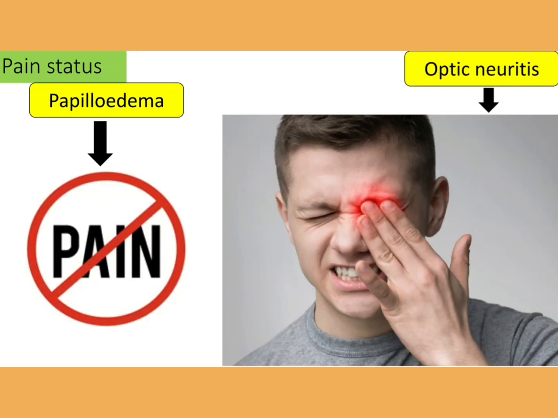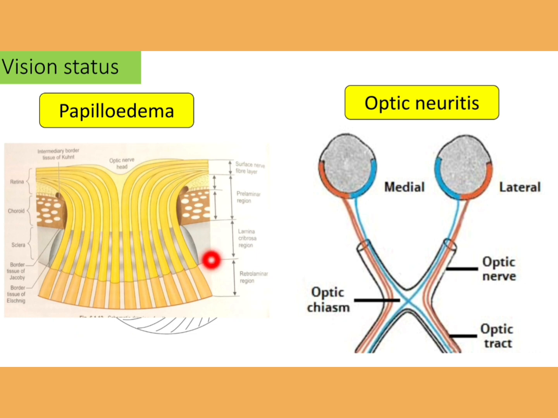Now pain status. A papilloedema patient will not give you any history of pain when they move their eye, but they will give you headache, nausea, vomiting tendency. But optic neuritis can give you the complaint of pain, because I discussed there are 3 types of optic neuritis: neuroretinitis, papillitis and retrobulbar neuritis. Retrobulbar neuritis actually happens behind this zone, that is the retrolaminar zone.